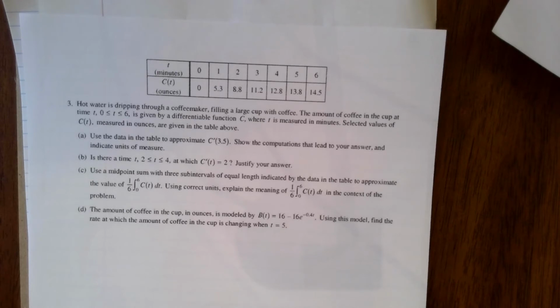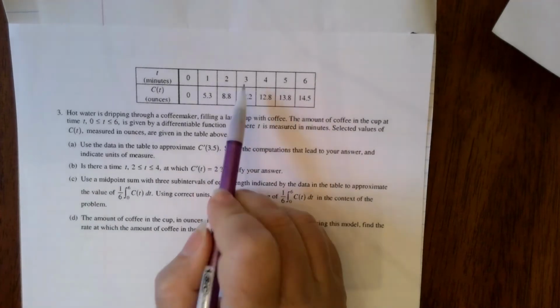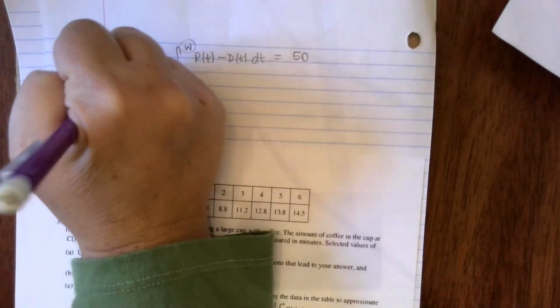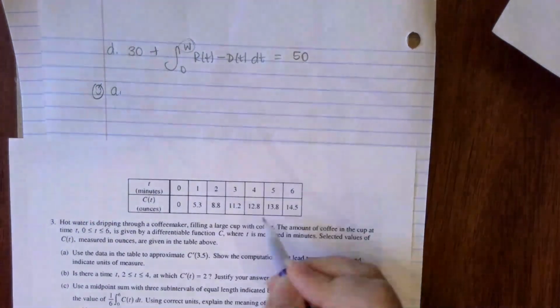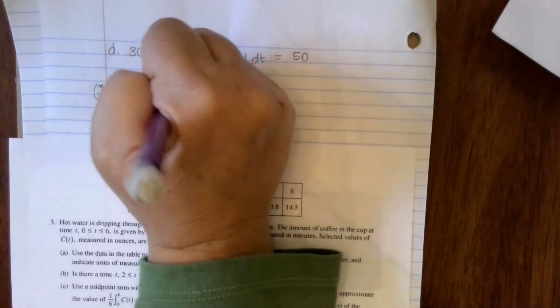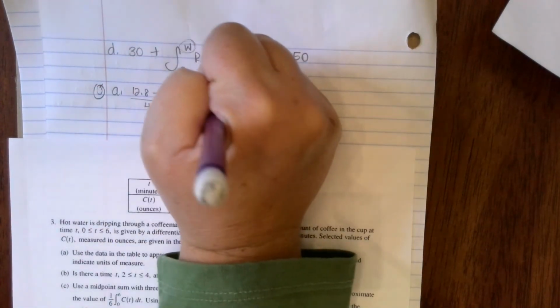Well, we just did this in the very first one. So you're doing the exact same thing that you did before. You're just finding the slope. In between, so you want 3.5, so you're trying to find it between 3 and 4. So for part A, you're going to do 12.8 minus your 11.2 over 4 minus 3, and I already did the math for this.